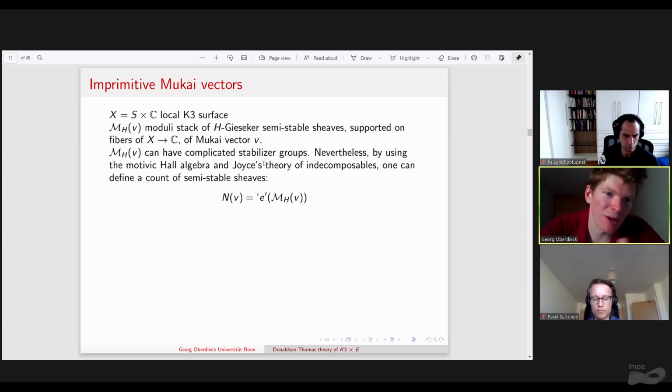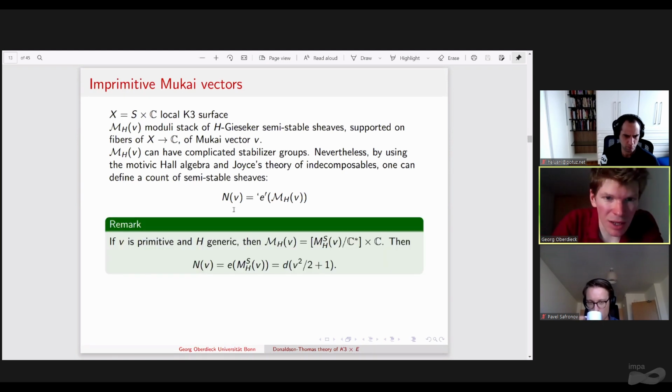I don't want to go into it too much, but you take the motivic Hall algebra, and you take the generating series of the classes of the stacks in this Hall algebra, you take the log, and then you extract the coefficient corresponding to v. Okay? So once you're there, then you can just take the Euler characteristic.